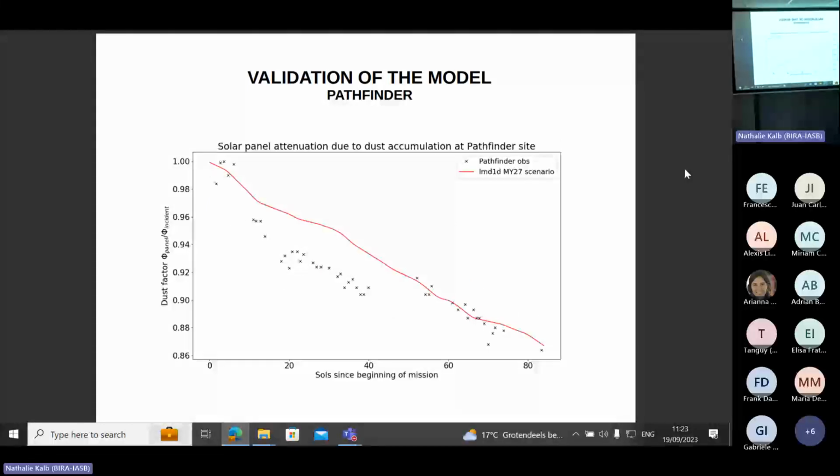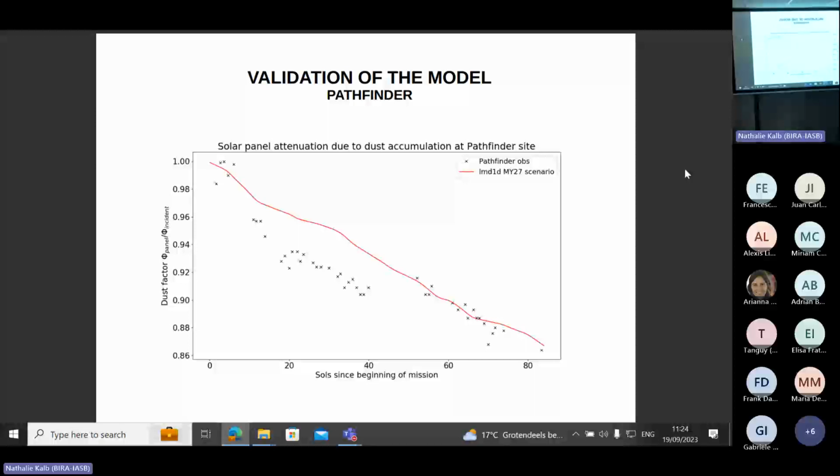Another comparison here is with the Pathfinder mission. The Pathfinder mission occurred in Martian year 23, but there were no measurements at these dates of the dust optical depth. So what we know is that we have no scenario for Martian year 23, but we know that this Martian year was a very dusty year.